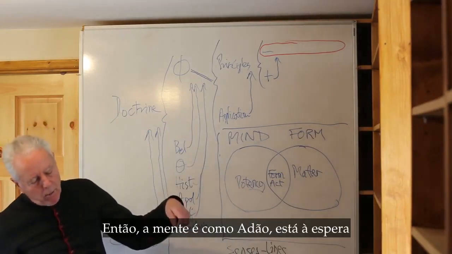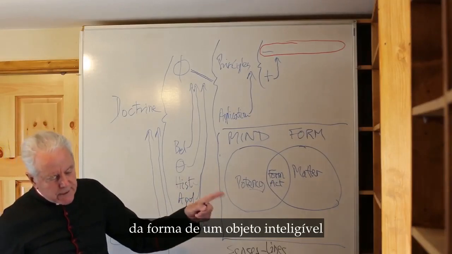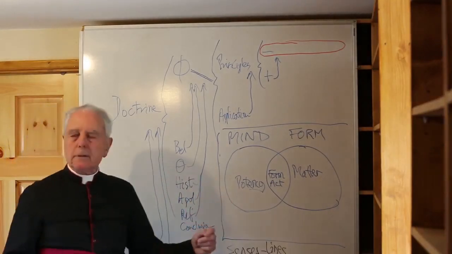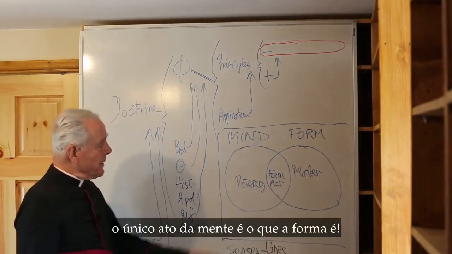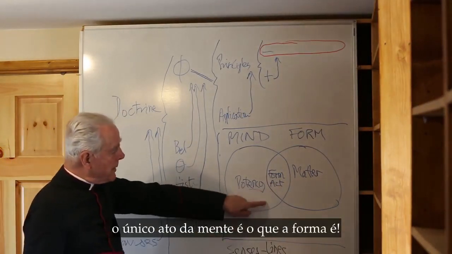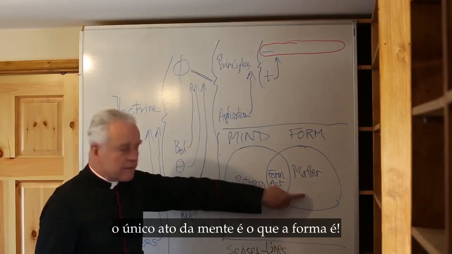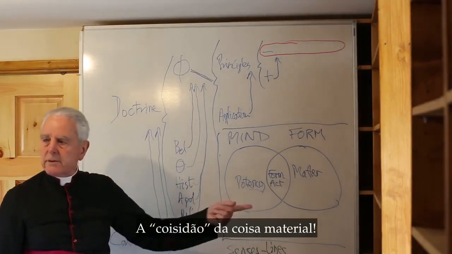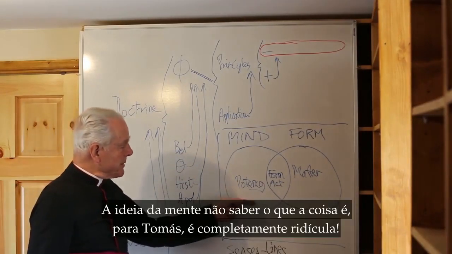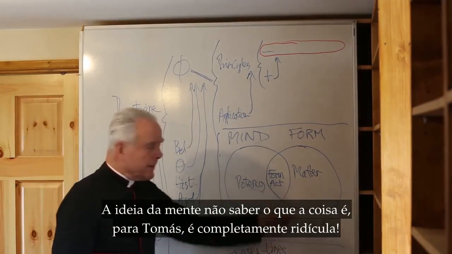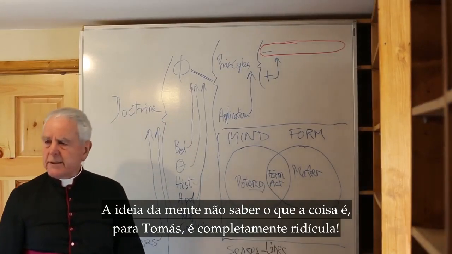He's waiting for the form of the intelligible object suddenly to bring him to life. In other words, in Thomas, the only act of the mind is what the form is, the whatness of the material thing. In other words, the idea that the mind does not know the thing is, in Thomas, completely ridiculous.